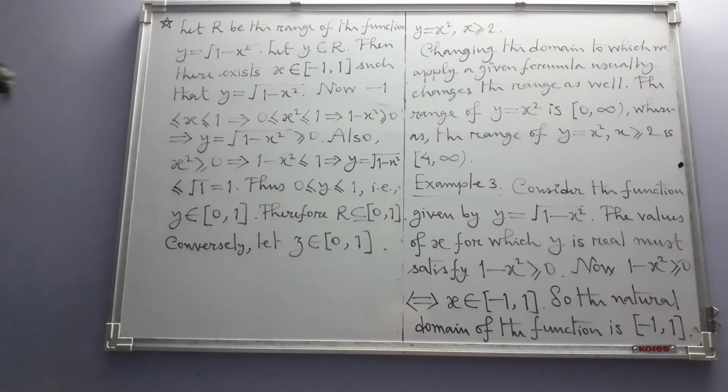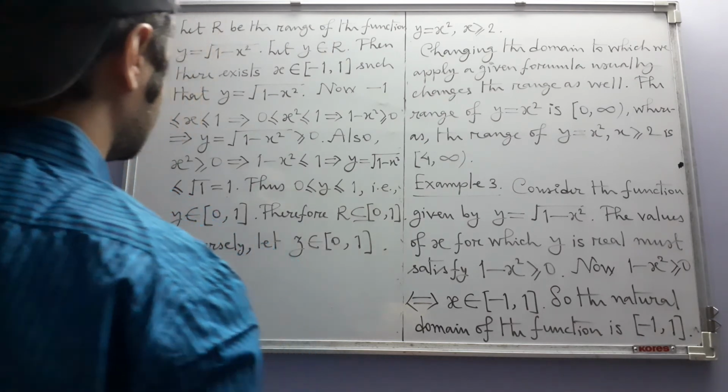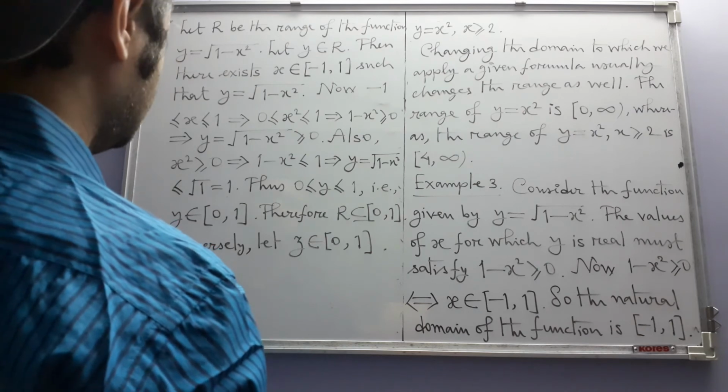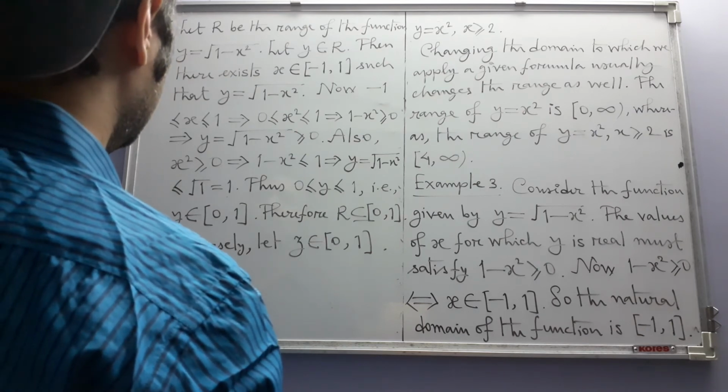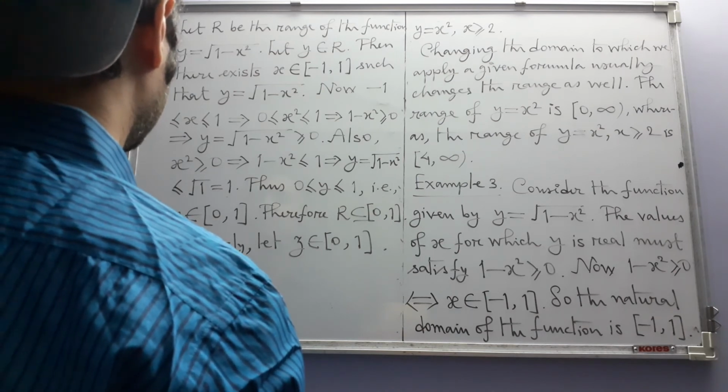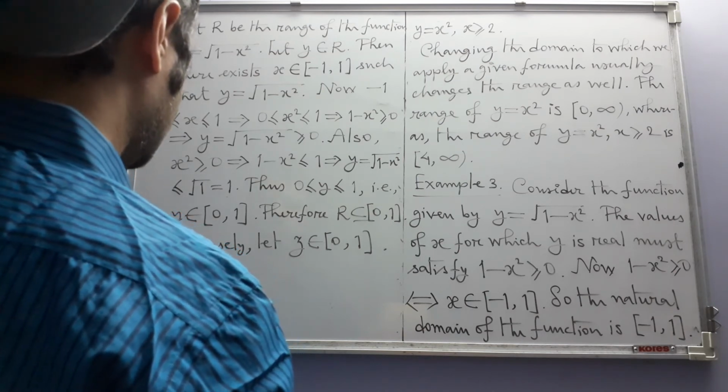Okay, let me just think of the steps after this. So we want Z to be this, thus Z square is equal to 1 minus x square minus Z square.